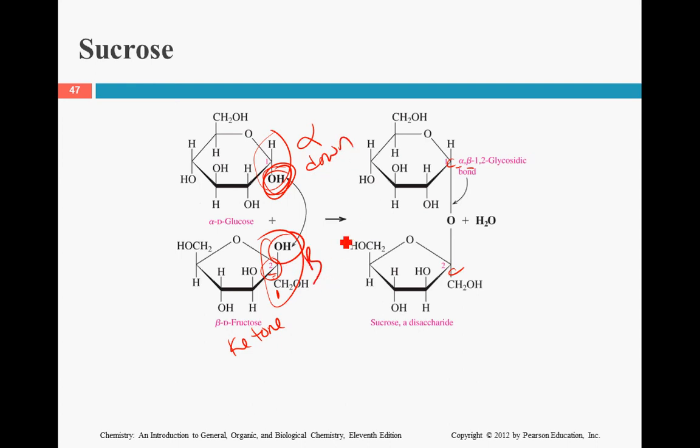Beta, because the first OH is pointing up. So when they come together, they form a line. But that's where that alpha beta came from. 1, 2, the first carbon, the second carbon. So alpha, they follow the leader. So alpha goes with 1, beta goes with 2. Glycosidic bond.